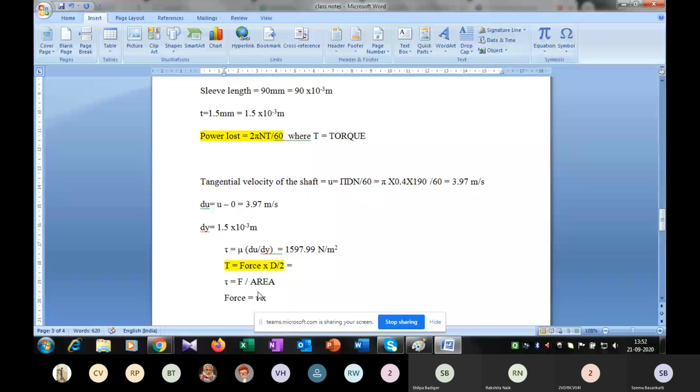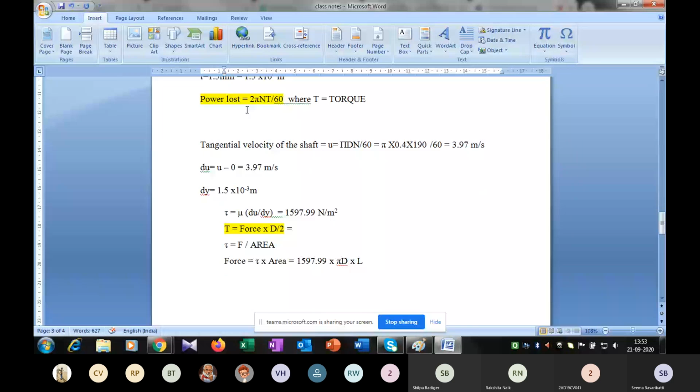What is the value of tau we have obtained? It is 1500. What is the area of the shaft? It is pi d into the length of the shaft. These are the general equations. There is no derivation for this.